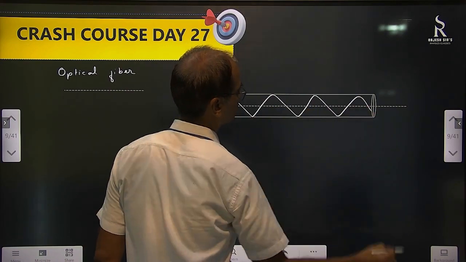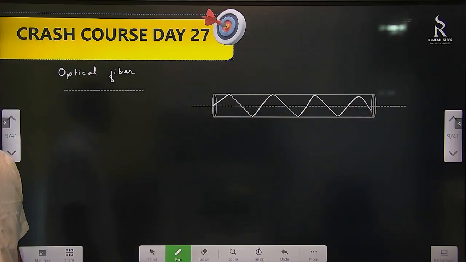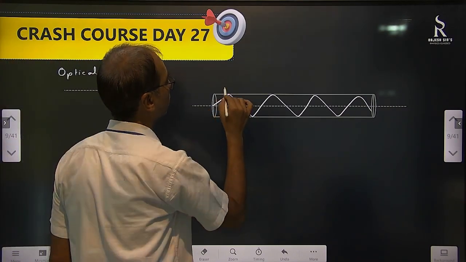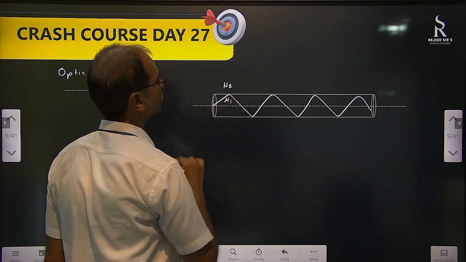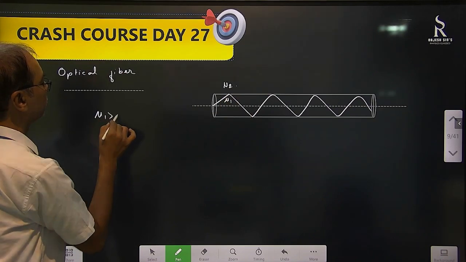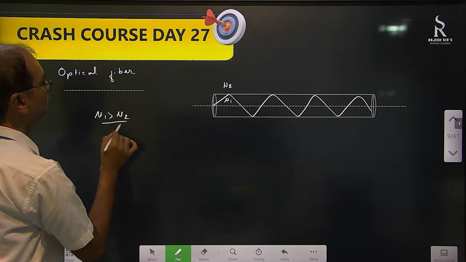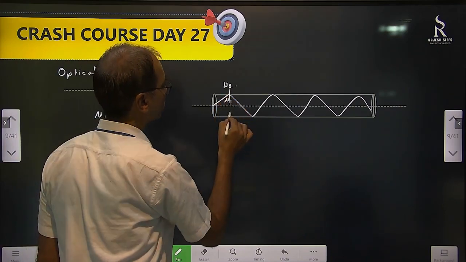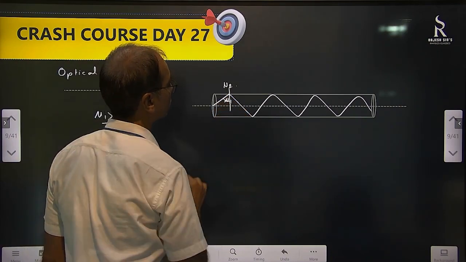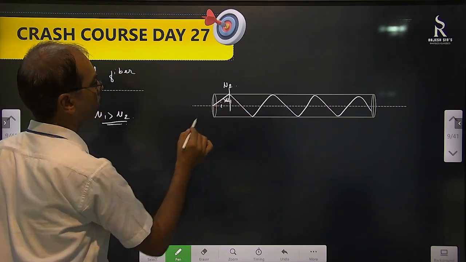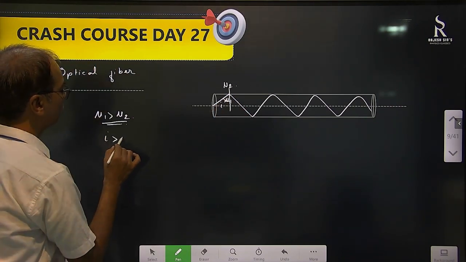This is what happens in optical fiber. So here mu, say mu1, and here is mu2. Which one is denser? Obviously mu1 is denser than mu2. So what we used to do? We used to make sure that this angle of incidence here is more than critical.